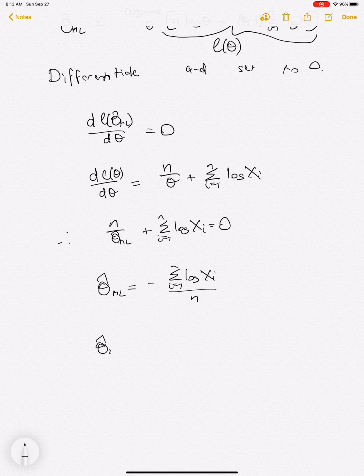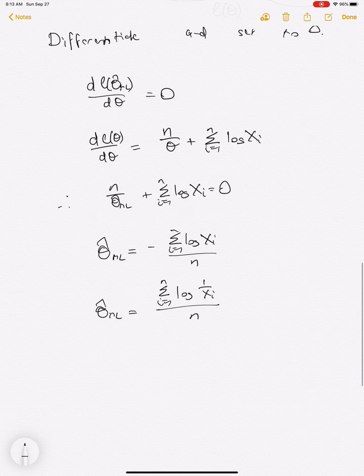Another way to write it out is theta hat ML equals the sum of log of 1 over xi, divided by n. The thing to note here is the xi's are all between 0 and 1. So when you take log of 1 over that, that's always going to be a positive number. So this theta hat ML that we get will end up being something positive.